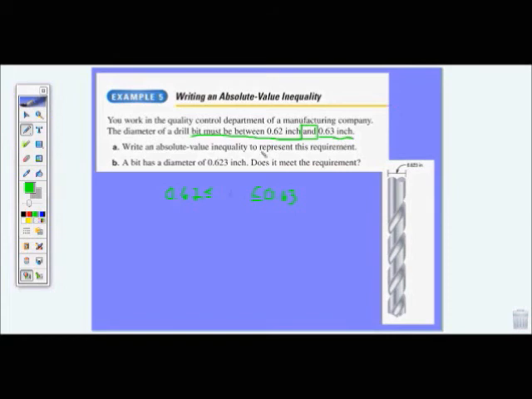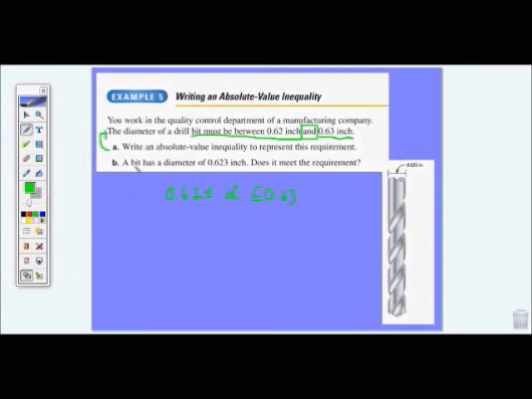So let's say that our diameter, we'll use the variable d. All right, so this information is letter A, and I got that from right here.